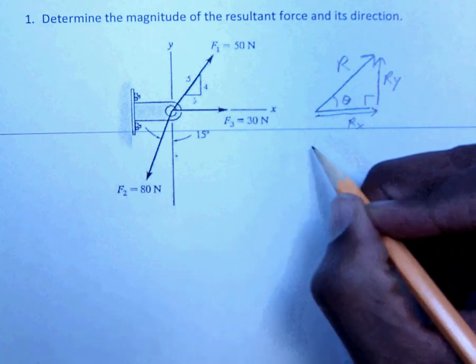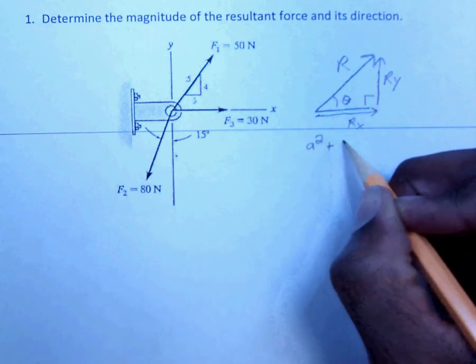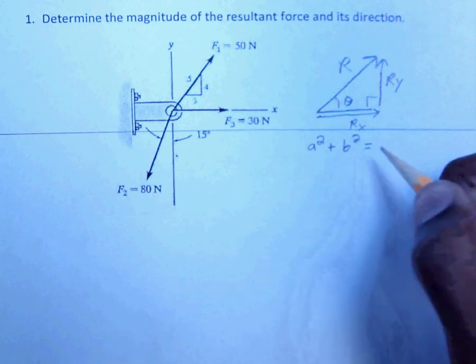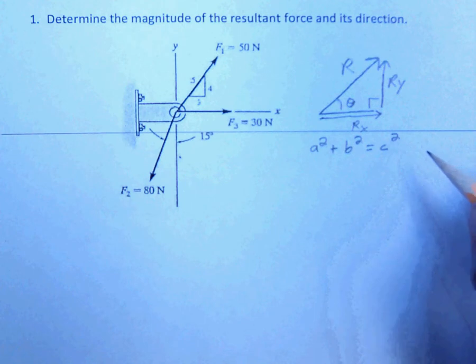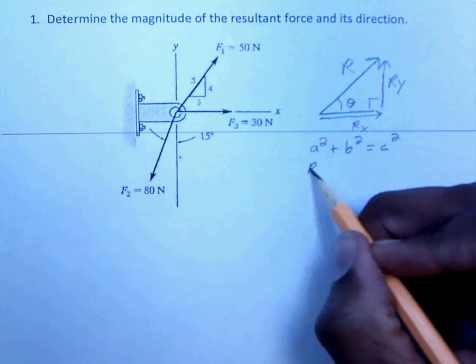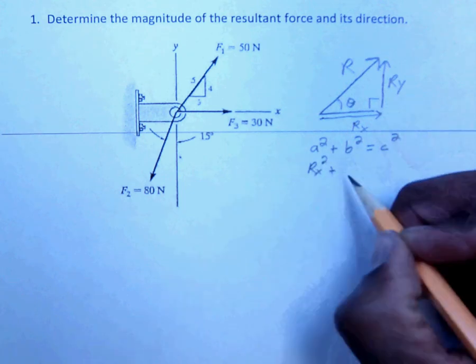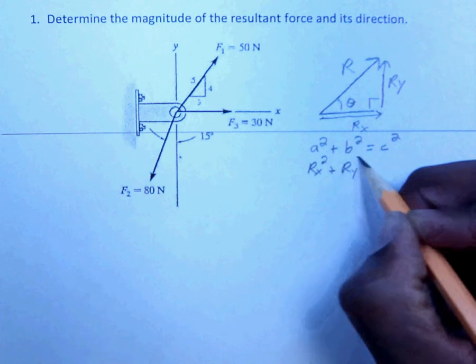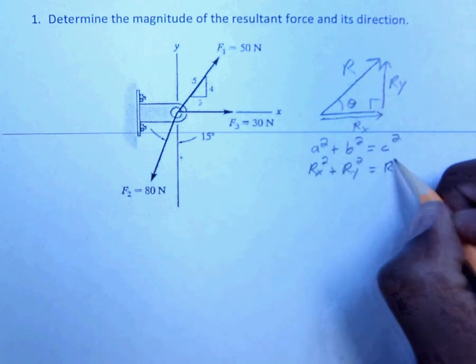Remember, the Pythagorean theorem says that if you square one leg and add it to the square of the other leg, it will equal the square of your hypotenuse. In our case, one leg is the x component of the resultant, so we square that and add it to our other leg, the y component of the resultant, squared, and that should equal the magnitude of the resultant squared.